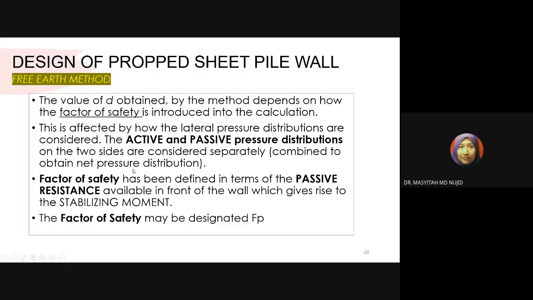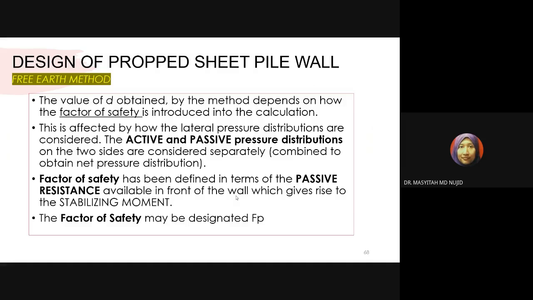In order to obtain the D value, the method depends on how the factor of safety is introduced into the calculation. This is affected by how the lateral pressure distributions are considered. The active and passive pressure distributions on the two sides are considered separately, then combined to obtain the net pressure distribution. The factor of safety is defined in terms of the passive resistance available in front of the wall, which gives rise to the stabilizing moment.